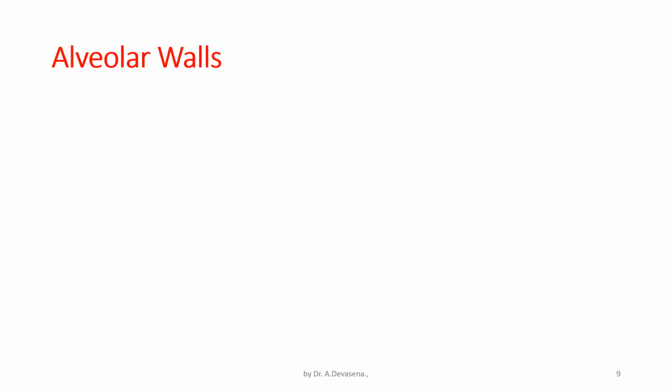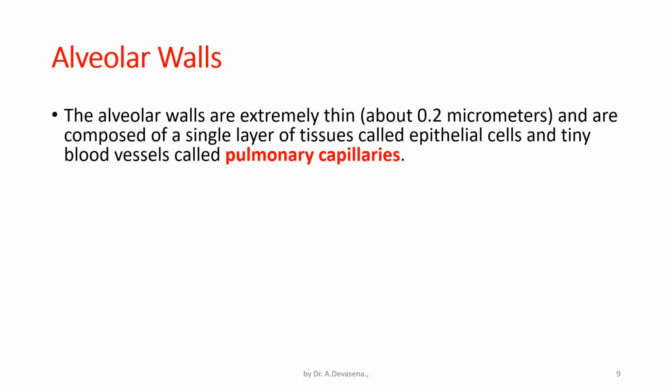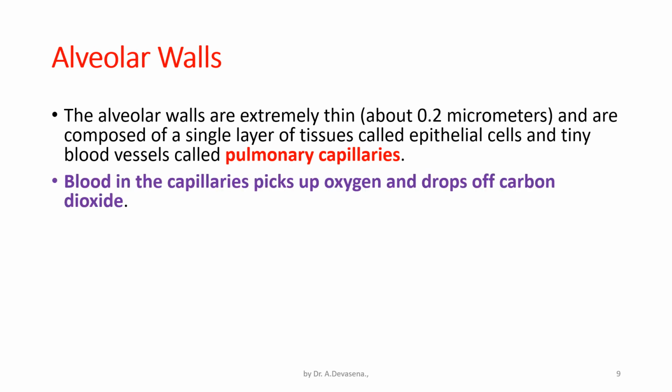Alveolar walls. The alveolar walls are extremely thin, about 0.2 micrometers, and are composed of a single layer of tissue called epithelial cells and tiny blood vessels called pulmonary capillaries. Blood in the capillaries picks up oxygen and drops off carbon dioxide.